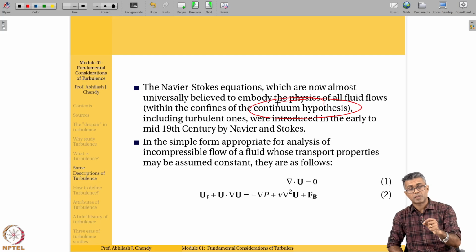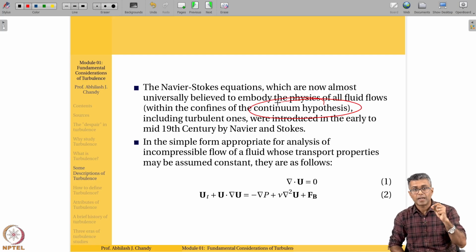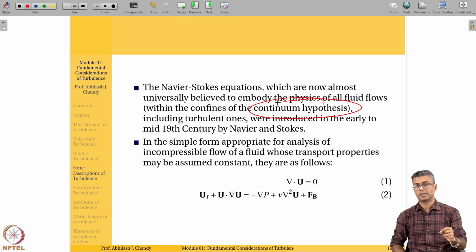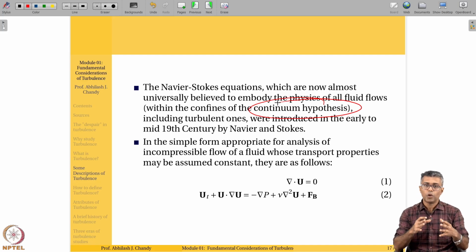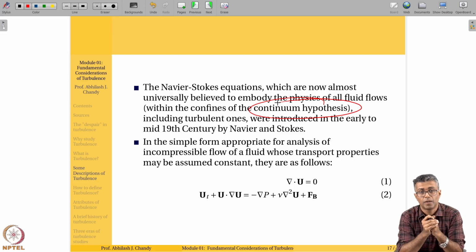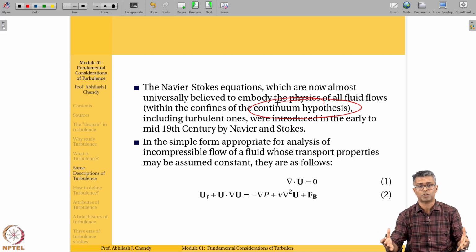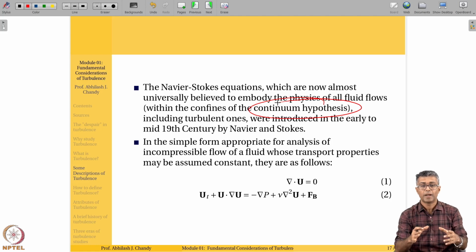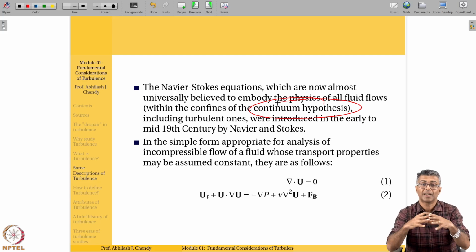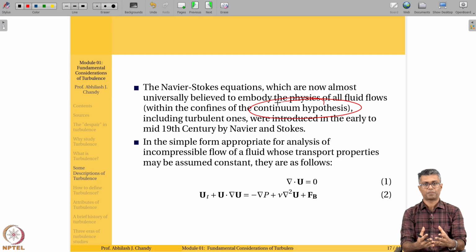What we are trying to say is the fluid is described as a continuous media and not as a set of discrete molecules. So we are looking at the fluid macroscopically, not microscopically. We do not care about what happens between one molecule to the other. Obviously, the fluid is made up of millions of molecules, billions of molecules. We know that. But for us, every property of the fluid is an average of a volume that contains millions of molecules.